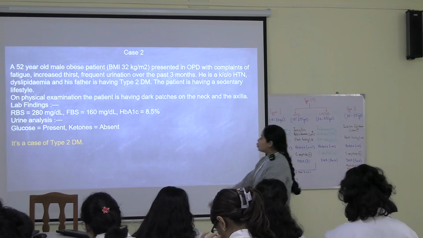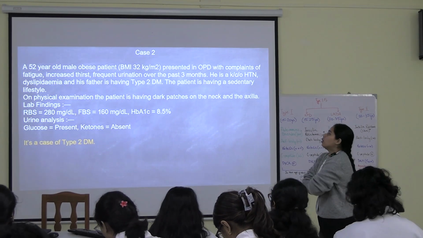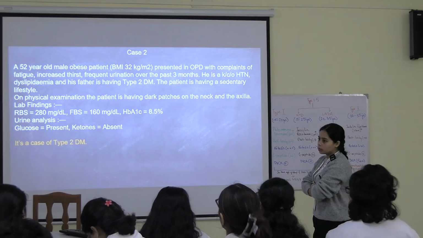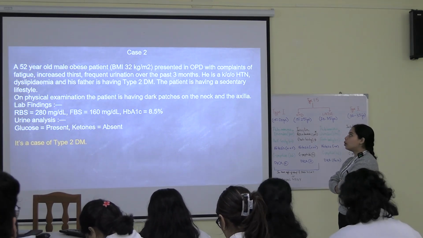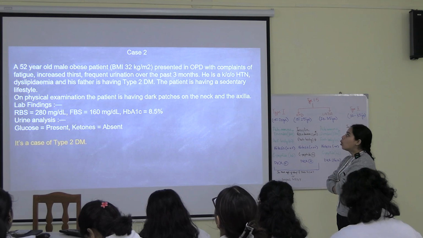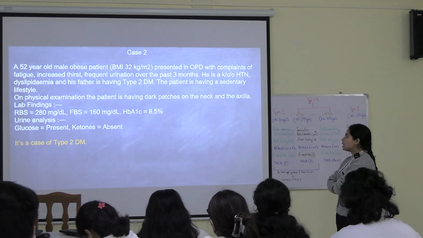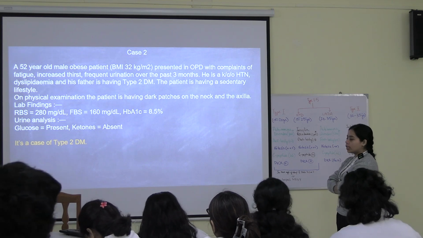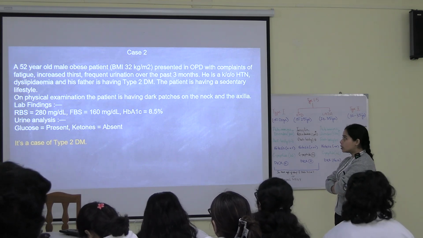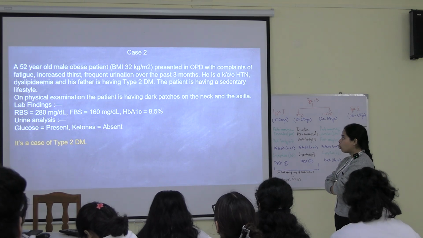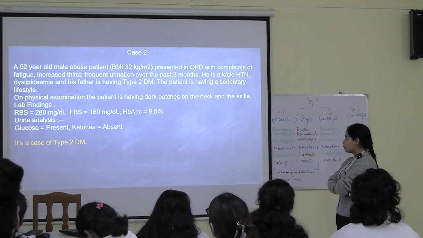So case 2, that is a 52-year-old male obese patient whose BMI is 32 kg per meter square. Presenting in OPD with complaints of fatigue, increased thirst, and frequent urination over the past 3 months.